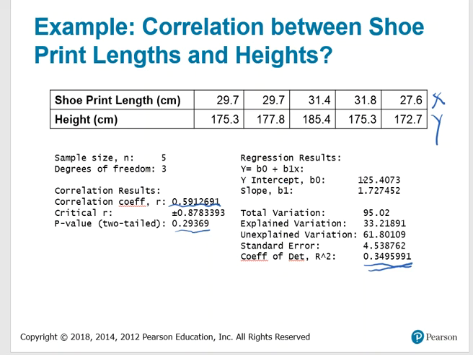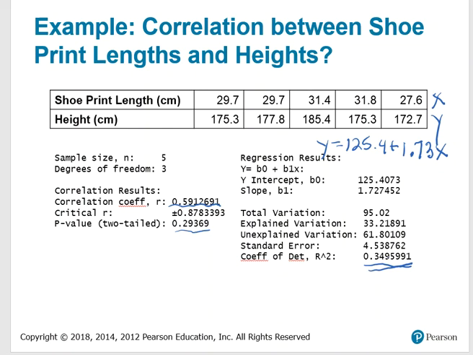I can see here's my equation. y equals, my b naught is the y-intercept, so it's approximately 125.4, plus my slope, we'll go 7.3, with my x. So here's my equation. It's definitely linear. Slope, y-intercept. It's positive, which makes sense because my r is positive.